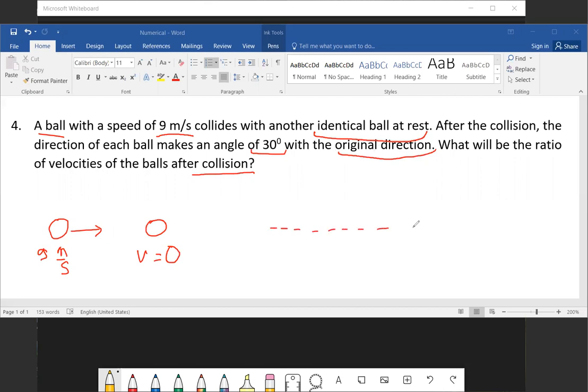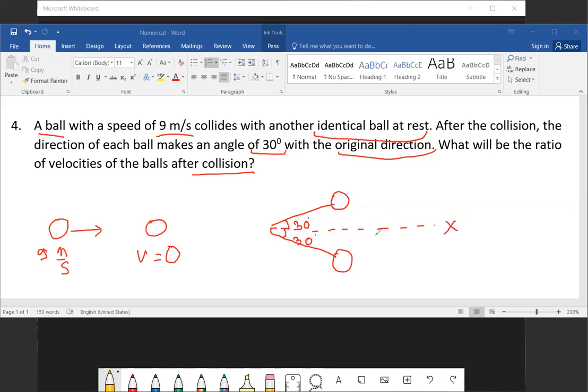Suppose the original direction is this horizontal direction, okay? So the first ball goes like this, the second ball goes like this, and in each case the direction of the ball after the collision is 30 degrees with the original direction.